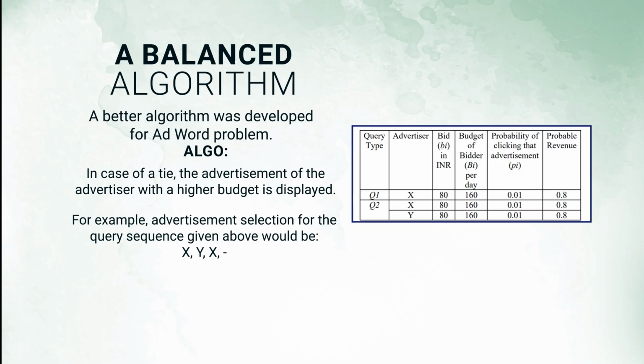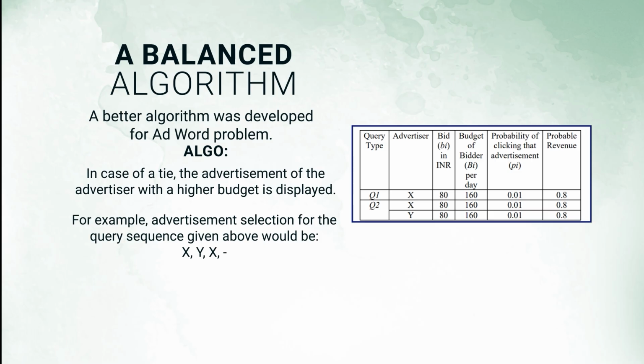For example, for Q2 query, if X has been first selected as an advertiser for the advertisement, then once the Q2 query is displayed from X, the budget of X remaining will be 80. So for the next Q2 query, the budgets of X and Y are compared. For X, it has remained 80 and for Y, it is still 160. So Y's budget is higher. So Q2 query will be displayed as an advertisement from the advertiser Y.